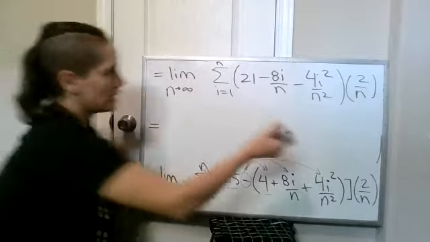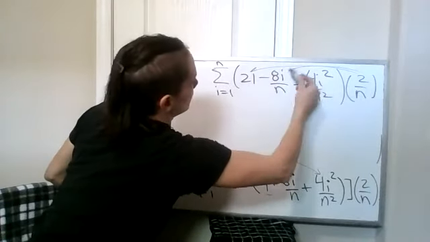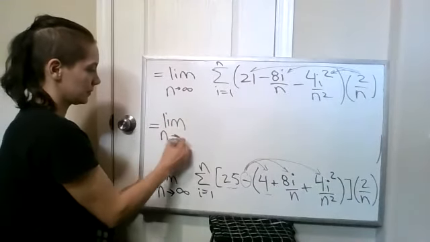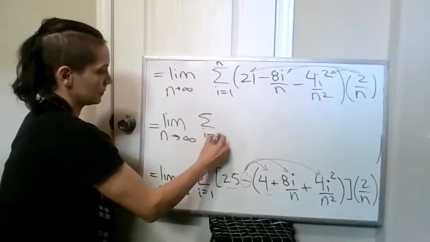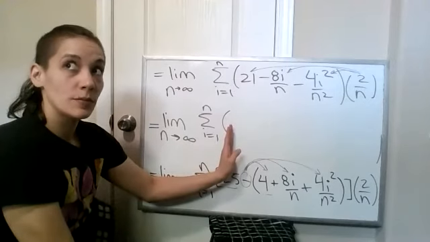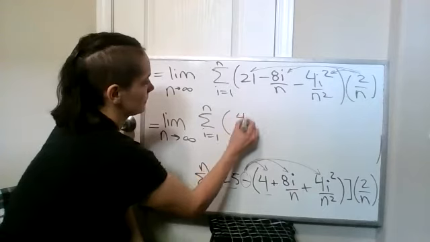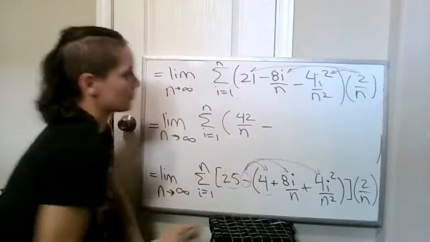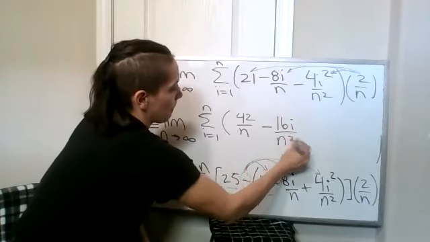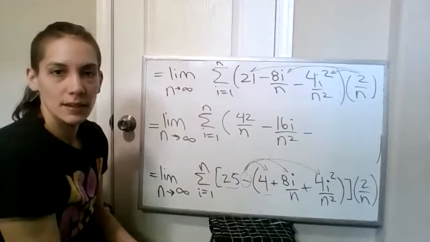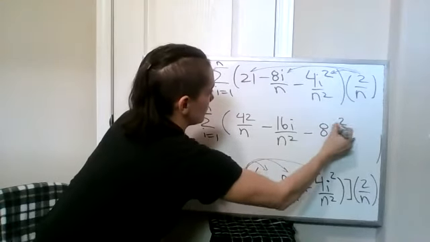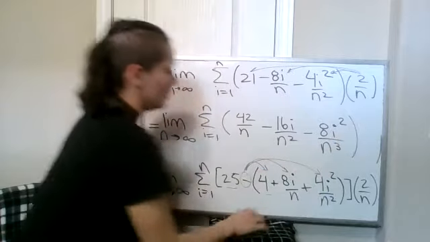Let's distribute 2 over n. Okay, we have 42 over n minus 16i over n squared minus 8i squared over n cubed. And we're good. That should be that.